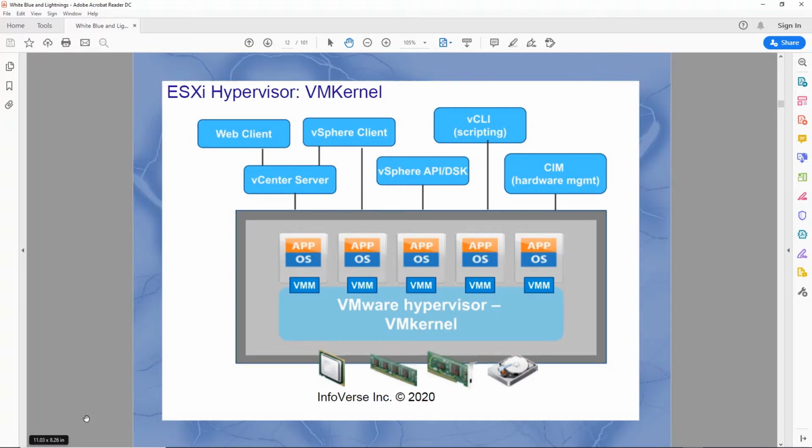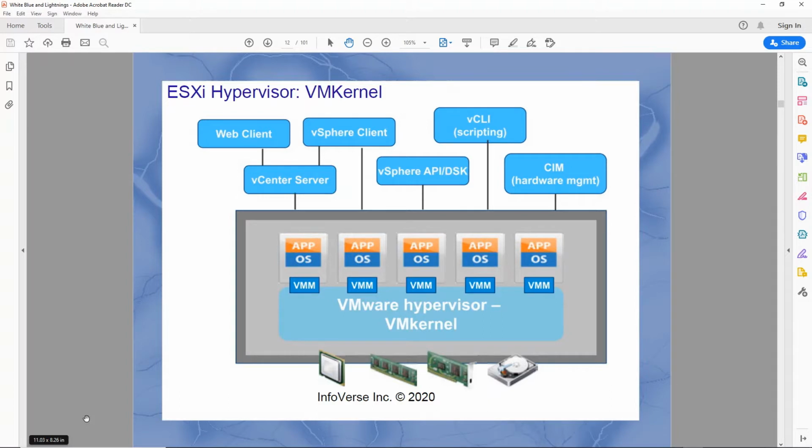When we talk about the ESXi hypervisor or the vSphere ecosystem, we talk about a number of components that enable us to run our servers in a virtualized environment. If you look at the top of this picture, we have the web client and vSphere client that allow management of the virtual infrastructure, and we have the vCenter server, which is a management server and provides a single point of contact for all of the virtual infrastructure.